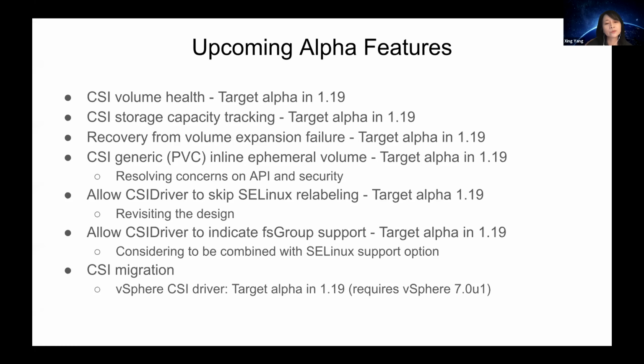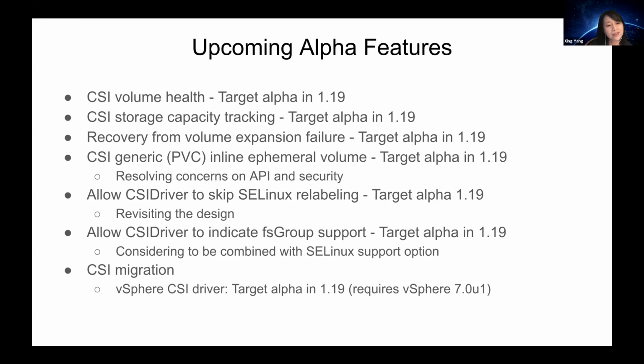Because if you don't, then by default it's going to do the relabeling for all the files in the file system if SELinux is enabled, and that could be very time consuming. I think there are some discussions, and there is an update to the original cap trying to redo the design. So this one may not make it in 1.19.